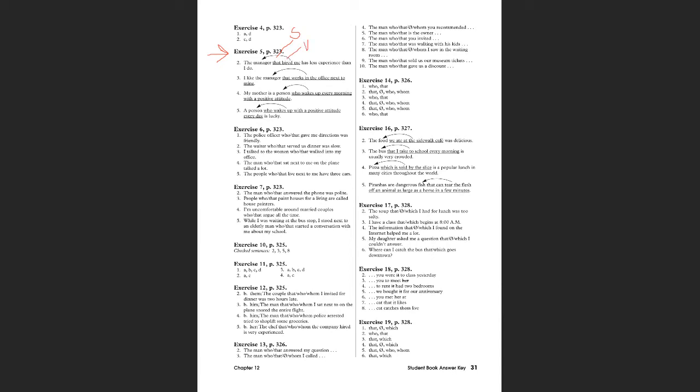Number 3, the subject is that, the verb works. You can label those in your book. Remember we talked about the structure? SRP plus conjugated verb. Each of these has the same structure. Any questions there? No.